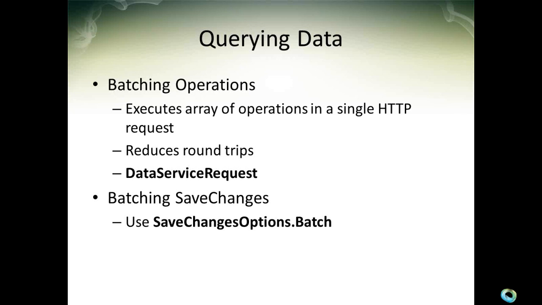It's very important to understand it because it reduces the round trips to the server, and it helps you maintain the state in your data service and apply all the changes all at once instead of calling the service multiple times. So in most of the cases, I would advise you to use SaveChangesOptions.Batch and save all changes at once.